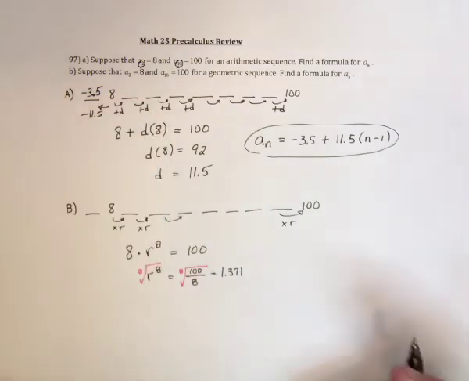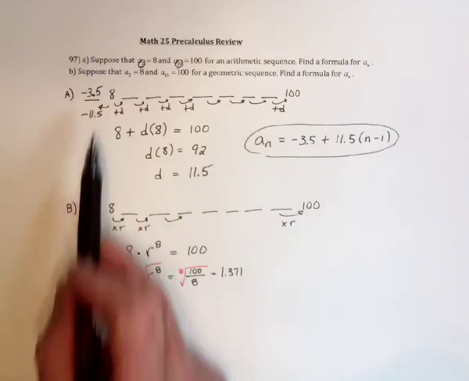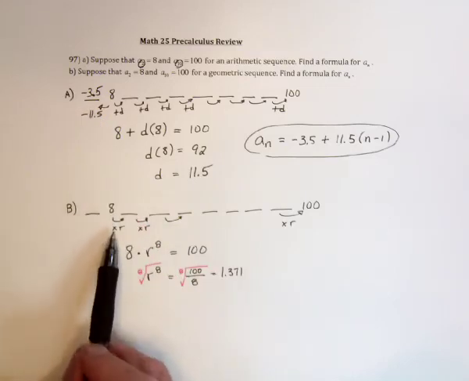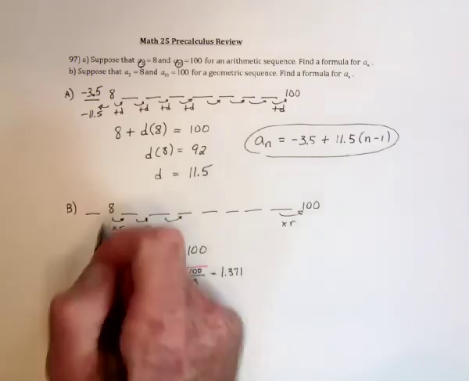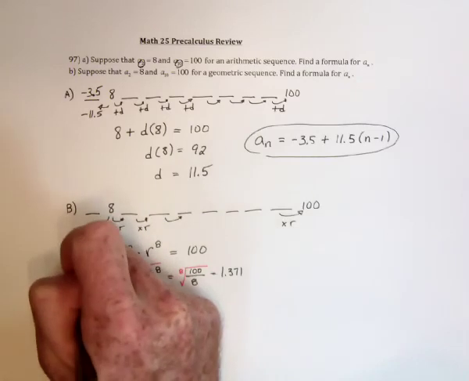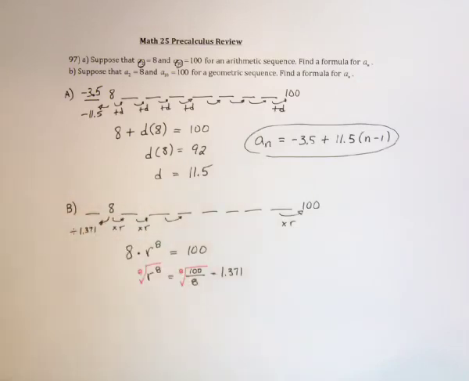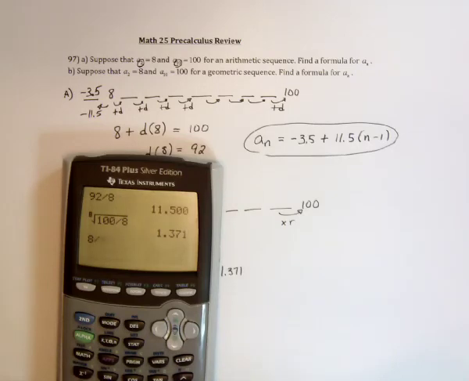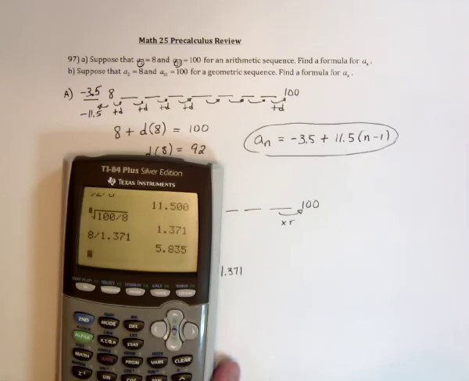Okay, so then we need to do the same thing as over here. You have to go backwards to find out what's the first term that's missing. So instead of multiplying by r, since we're going backwards, we'd have to divide by 1.371. So an 8 divided by 1.371, the first term was a 5.835.